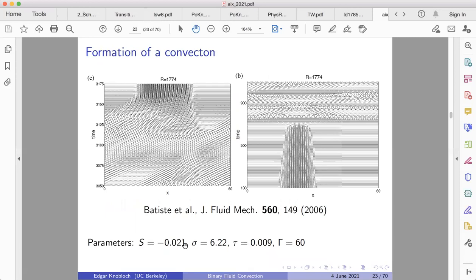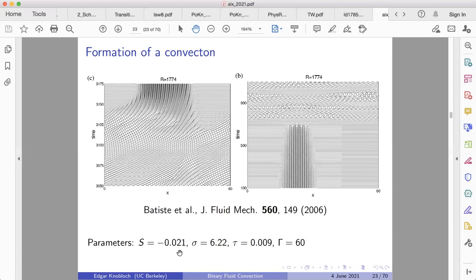So let's do some numerical integration of the system. I've picked some parameter values. This is essentially a salt water mixture, Prandtl number around 6, tau around 100, in a large domain, gamma is 60, and a certain negative separation ratio.